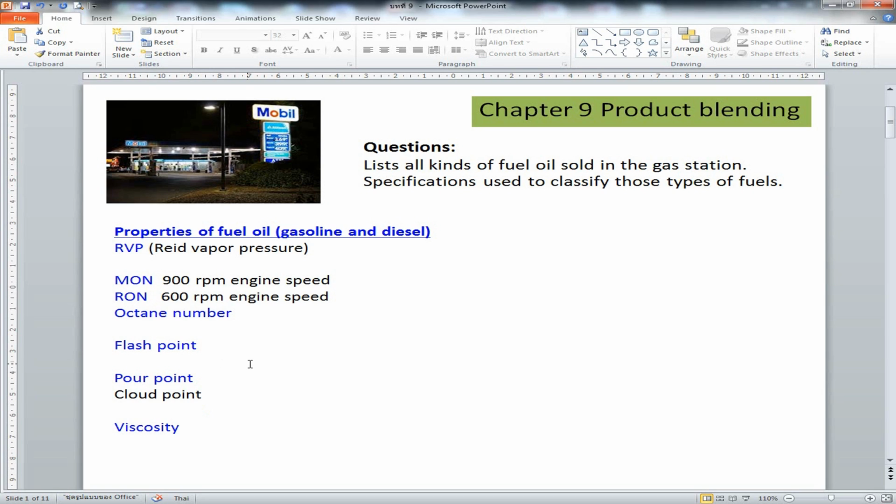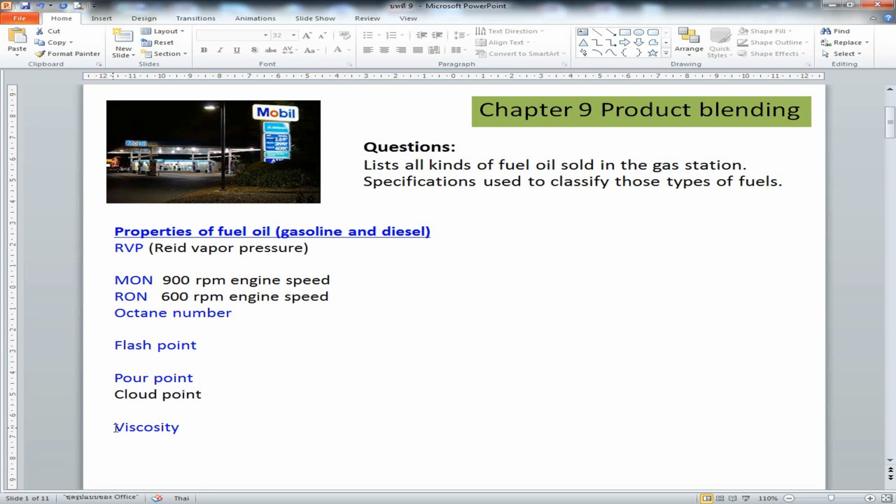So the pour point also varies about 10 degrees Fahrenheit to 20 degrees Fahrenheit below the cloud point. We will not mention that. Actually, these two properties generally show up in diesel fuel rather than in gasoline.